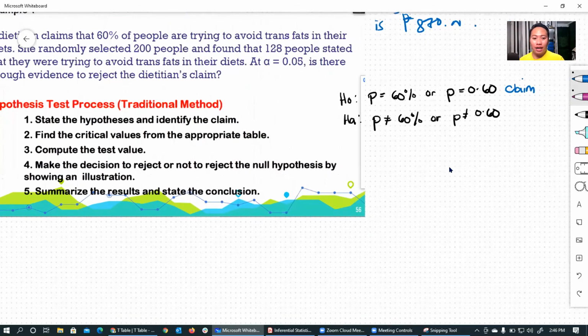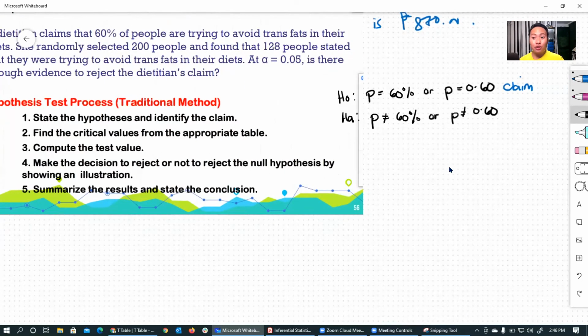All right. So let's work on step two. Step two is still the same, guys, for z-test. So z-test, looking for the critical value. Now, since this is a two-tailed test. Why two-tailed? Because the alternative hypothesis uses a not equal to. So I'm going to write two-tailed test. You have to divide your alpha by 2.